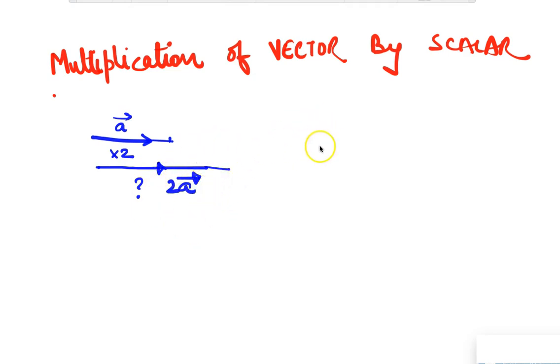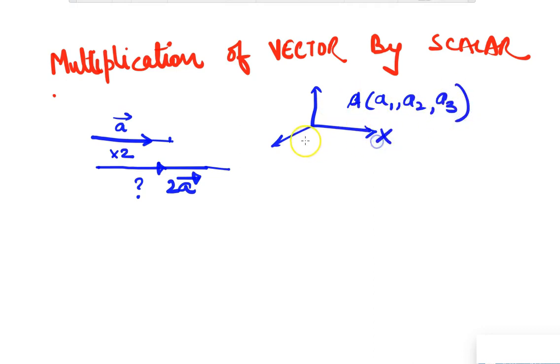And we have been seeing this in vector coordinates where we say if you have a vector A with a1, a2, a3 as the movement in x, y, and z direction, then if we know the unit vector in these directions, the value of A in x direction is a1 i hat.